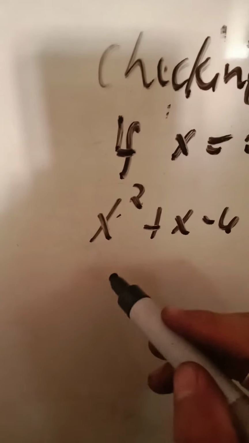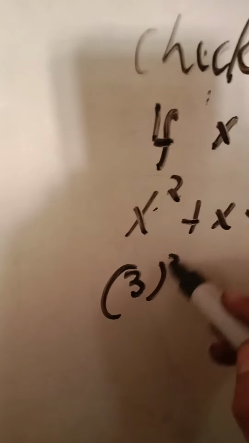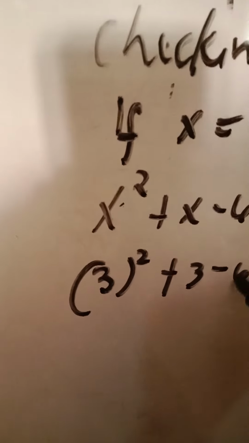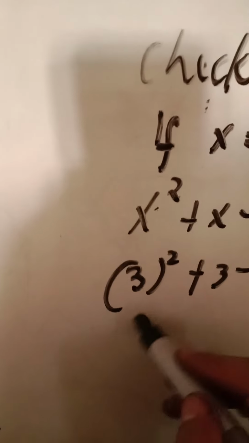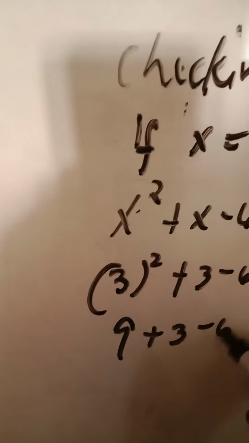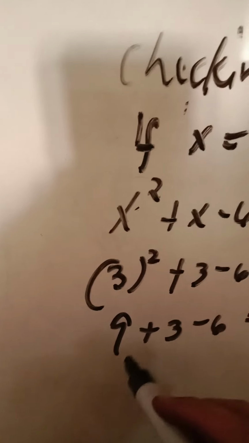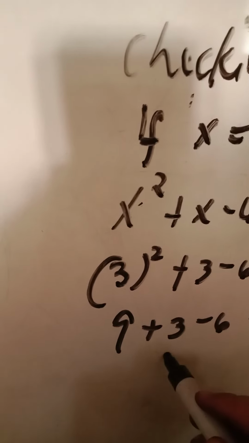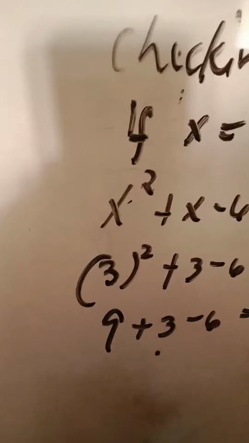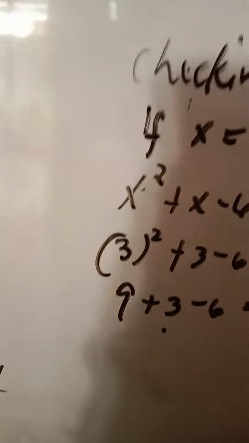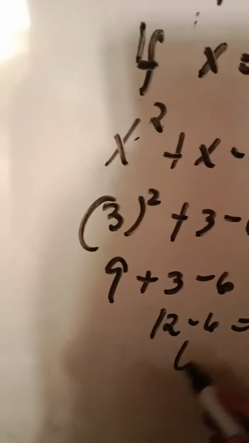So our value of x is 3 to the power of 2 plus 3 minus 6 equal to 6. So 9 plus 3 minus 6 is equal to 6. 9 plus 3 is 12. Minus 6 is 6. So 12 minus 6 is 6, equal to 6. Okay, check.